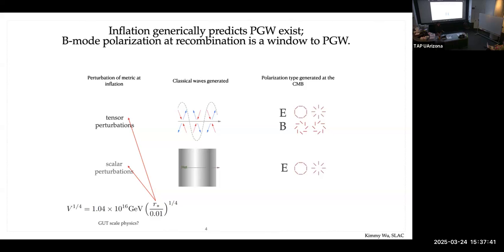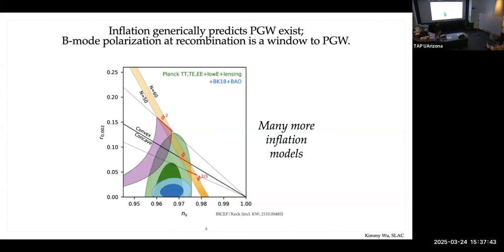So that's very amazing. In particular, if you want to work out various phenomenological relationships for potentials, and whether there are different shapes of the potentials, you can make a plot such as this. So this is r on the y-axis, and this is n_s, the tilt of the scalar spectrum, on the x-axis. Inflation predicts that n_s should be slightly smaller than 1. That's well confirmed from Planck data already.